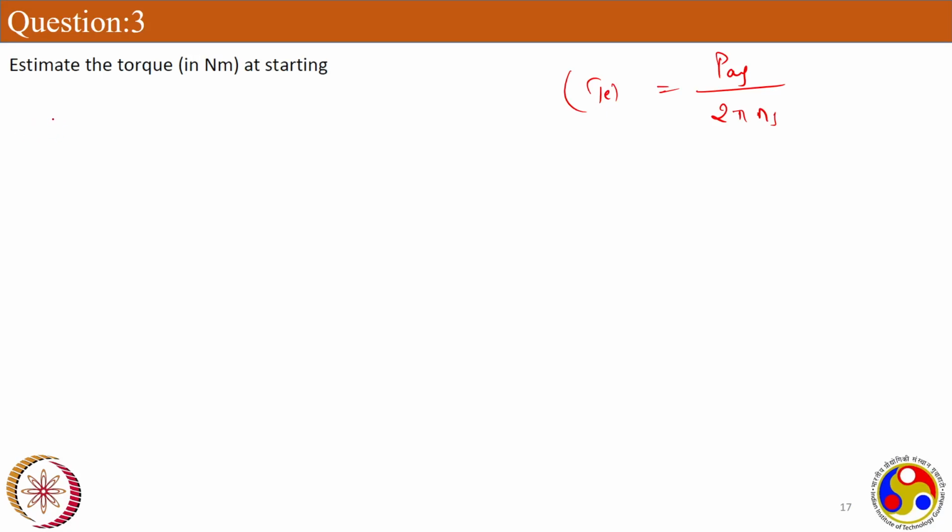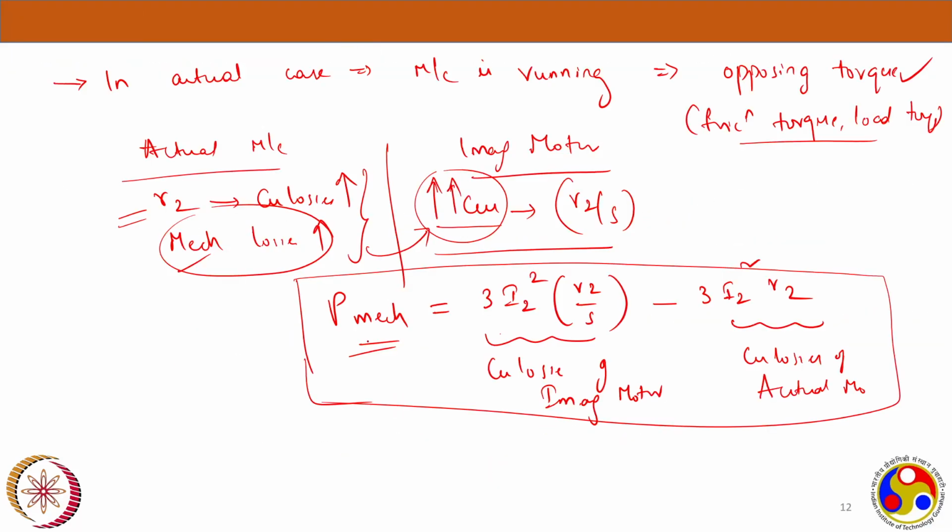One we have seen, that is P mechanical equals 3I2 square R2 by S minus that one. Let's write it here only. That's important. See this 3I2 square R2 is nothing but the rotor copper losses, right? And 3I2 square R2 divided by S.